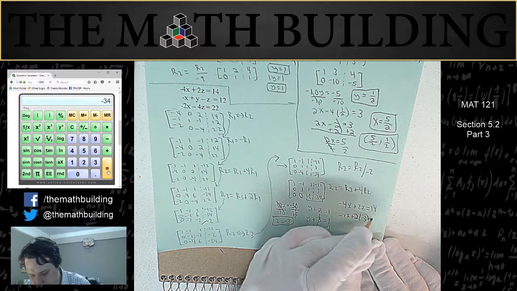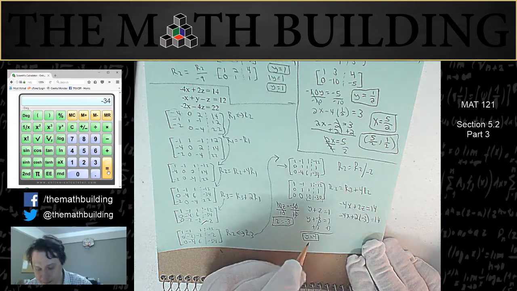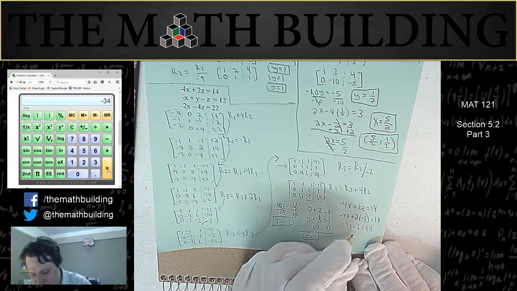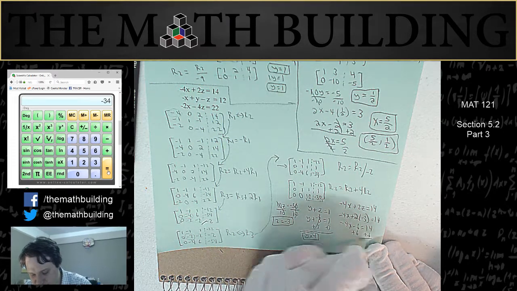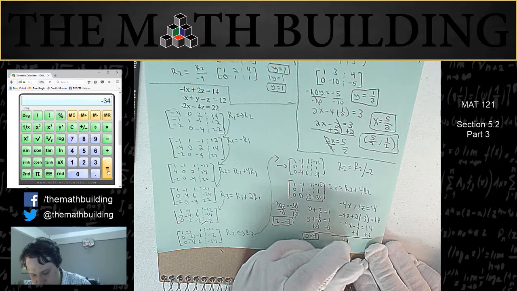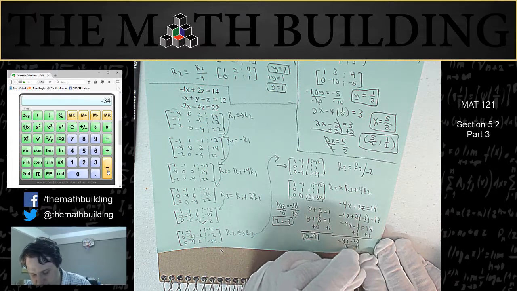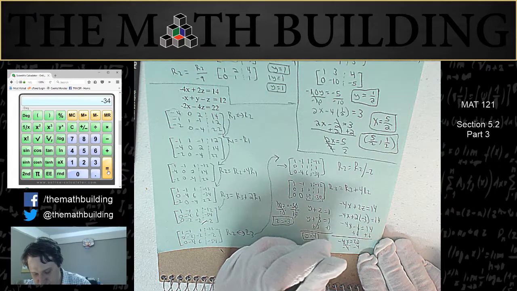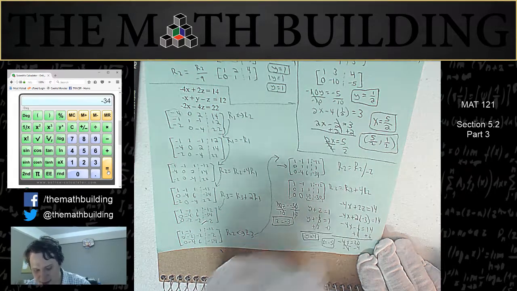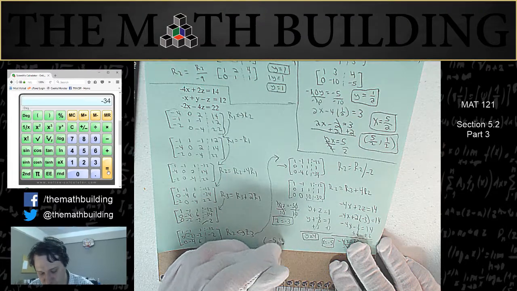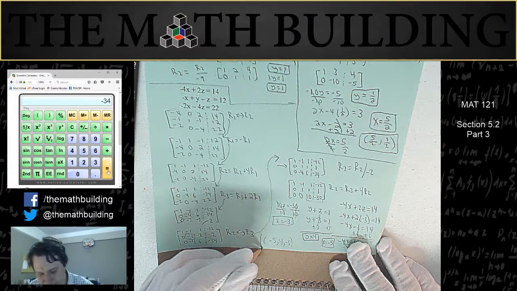So -4x minus 6 equals 14, plus 6 plus 6. -4x equals 20. Divide by -4, divide by -4. X equals -5. And we are done. The solution is -5, 4, -3.